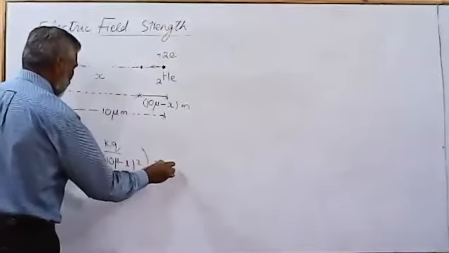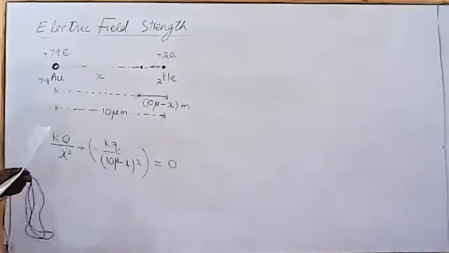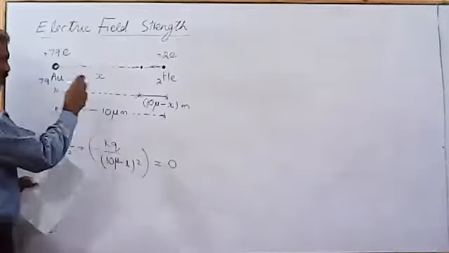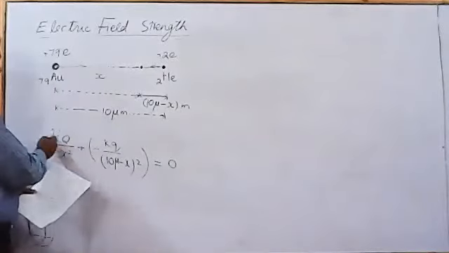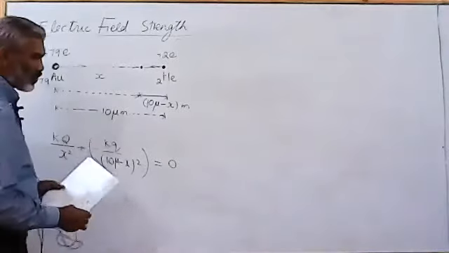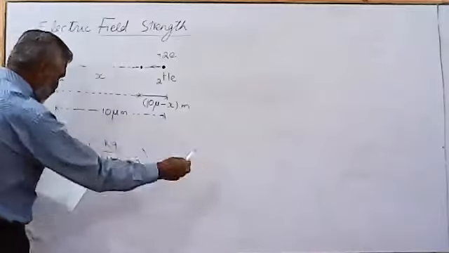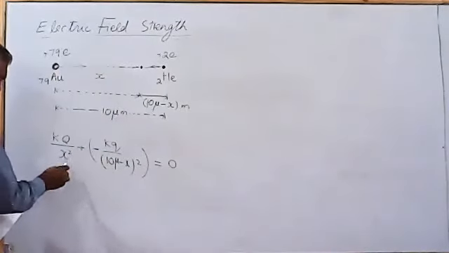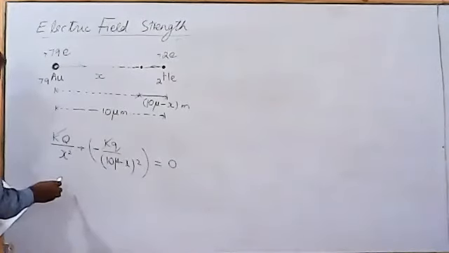This must be equal to 0. Because the two fields are adding up there, and if I take care of the two as vectors, one has to be negative and one positive, so the two should add up to give 0 there. As a result, this goes to the other side. Due to this negative sign, it becomes positive, and this k gets cancelled.